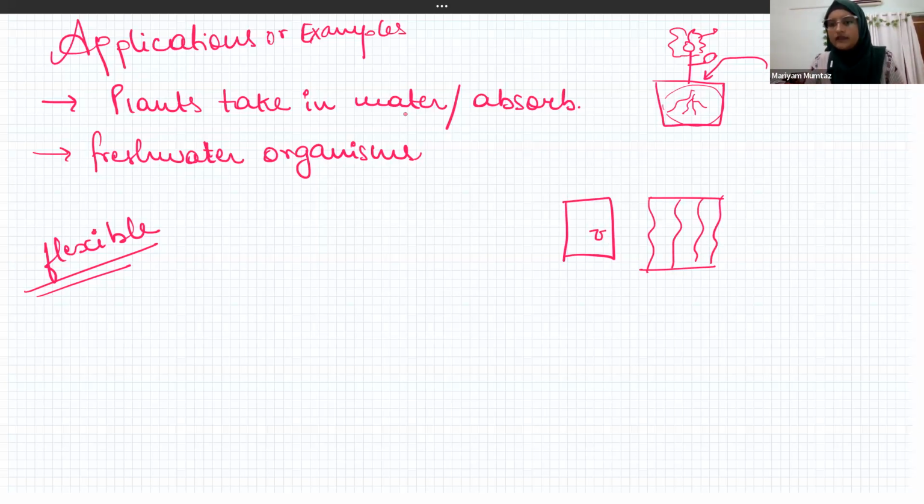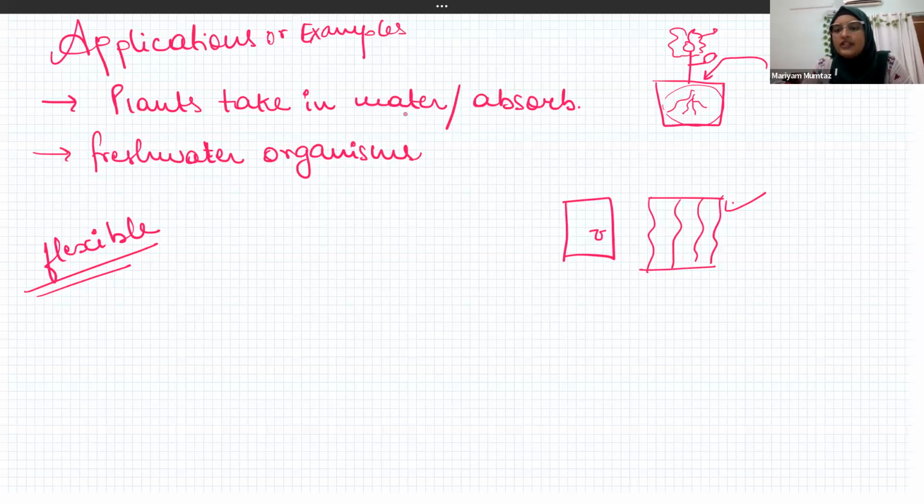The curtain, obviously. If you go through the door, you'll bang your head, isn't it? That is how easy it is to move to and fro through a curtain, and that is how easy it is to move through the cell membrane. Only the smaller molecules, not the bigger ones.